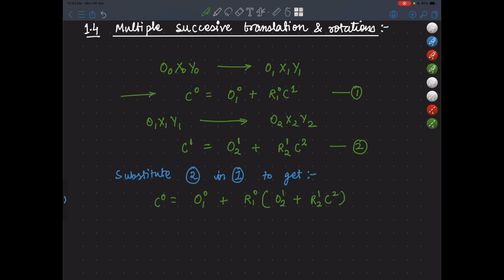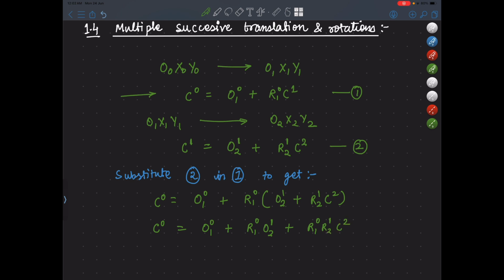All right, so let's simplify this. So C naught equals O1 naught plus R1 naught O21 plus R1 naught R21 C2.